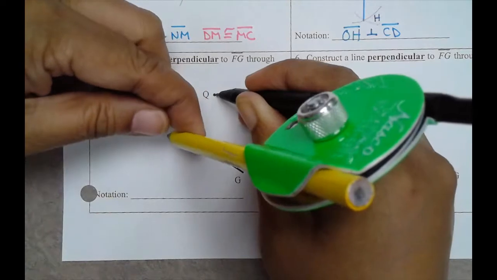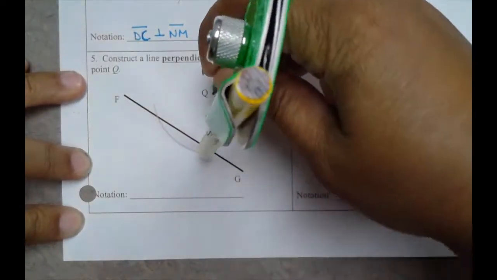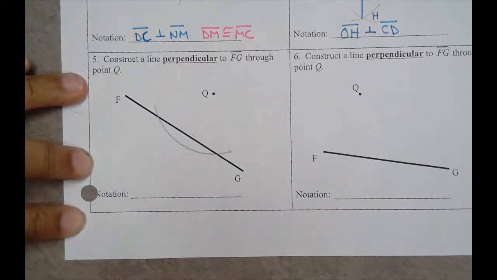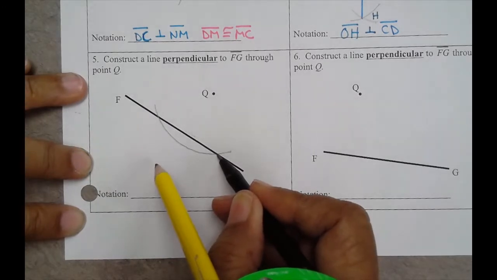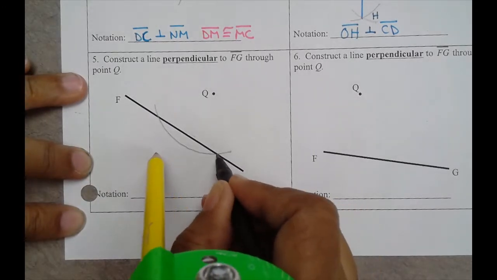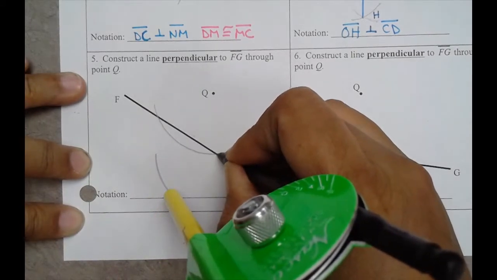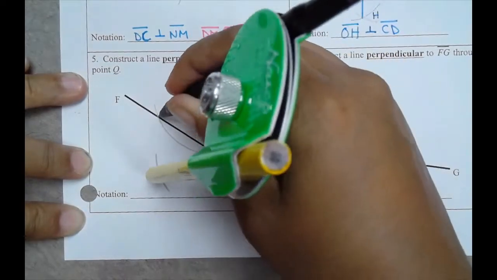So I'm going to make this a little bit wider so that when I draw this arc, it actually touches it twice. All right, once I do that, I can change the width, but once I put my pointer here to start drawing the X down below, I cannot change the width. This width has to be the same as when I go to here and draw the other arc.